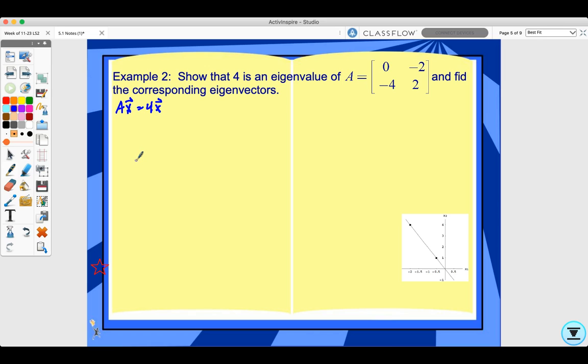So then with this, in order to solve this, we would have to set it equal to 0. So I'd have Ax minus 4x equals 0. And then whatever one we're trying to find is the eigenvalue, we need to multiply that by I, our identity matrix.